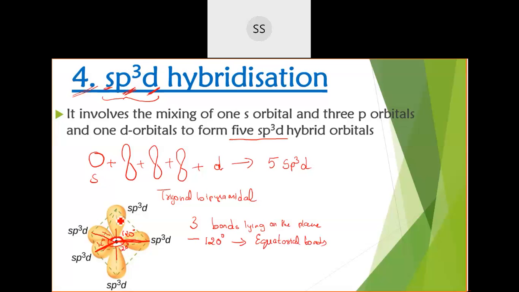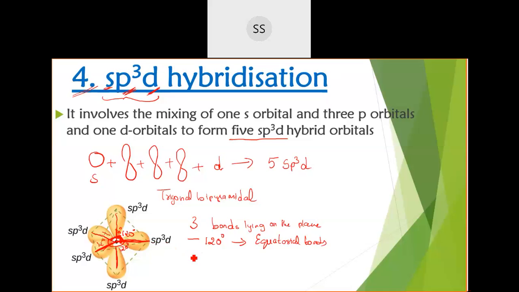What angle will these orbitals be making? See, suppose you have a plane and then you have a line which is perpendicular to the plane. When they are perpendicular to the plane, you know that the angle they make is 90 degree. So this angle, students, is going to be 90 degree each. And this bond is called axial bond.